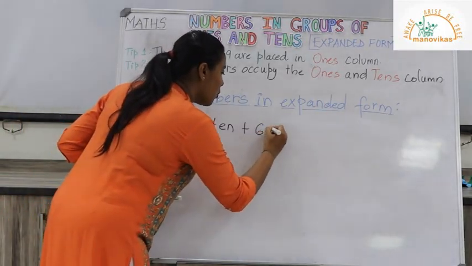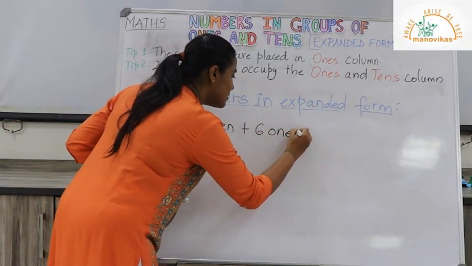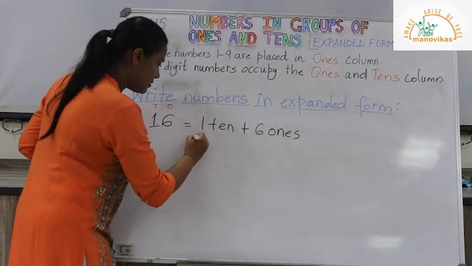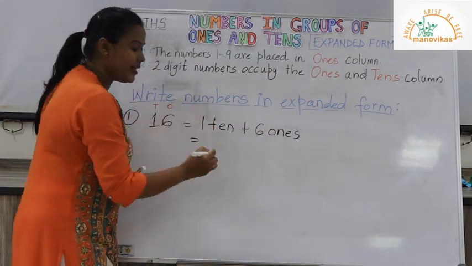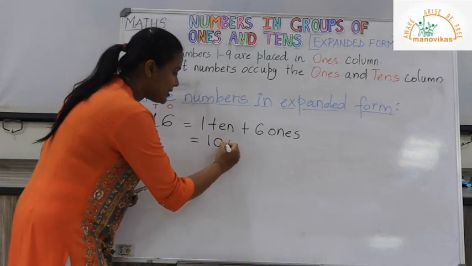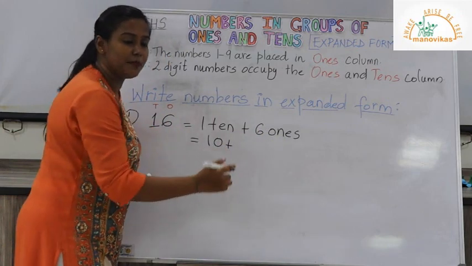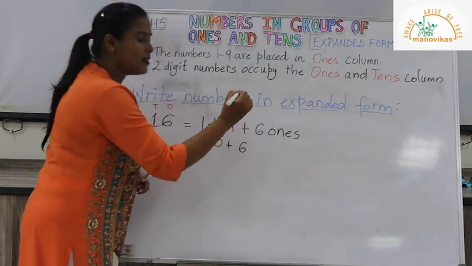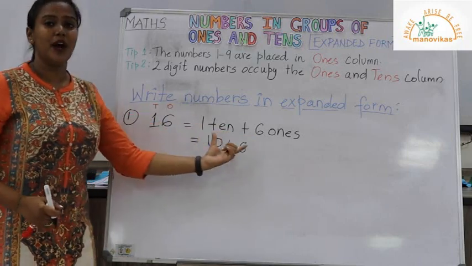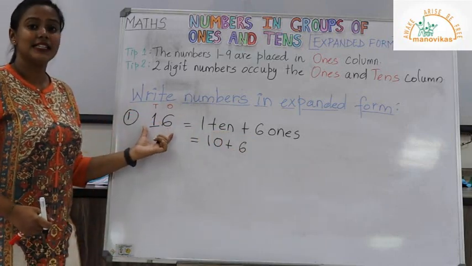So 1 ten, which can also be written as the number 10, plus 6 ones means the number 6.